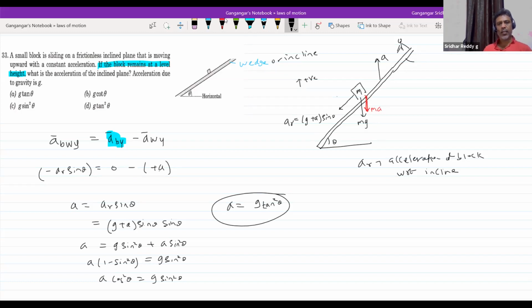Completed? And I wanted the acceleration of the inclined plane. No, that I got, my answer. You resolve that perpendicular because it will not lose contact. No, it will be there.